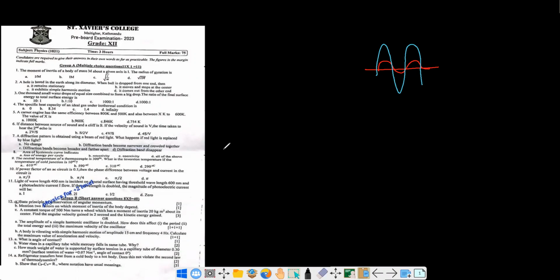Okay, so for this one, this is our question A. So the time period is simply like your inertia factor, or mass factor, divided by the spring constant, like your spring factor.